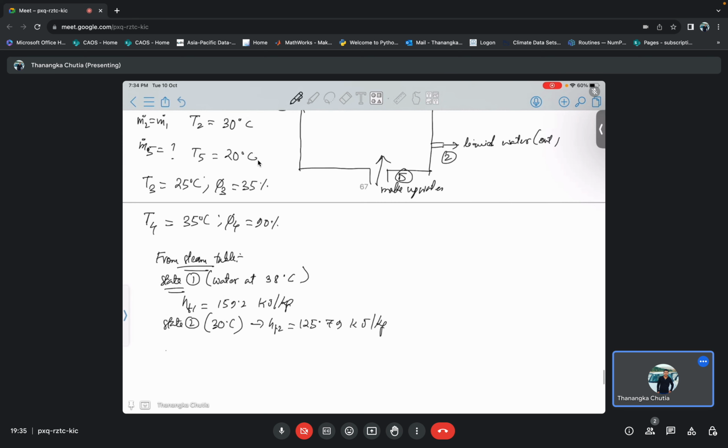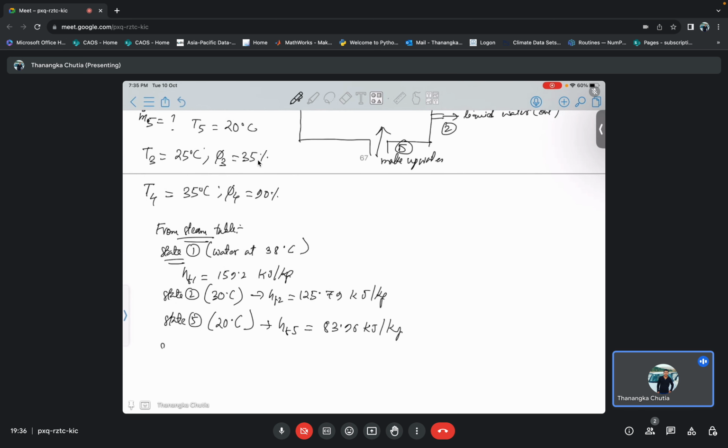Then state 5, at 20 degrees Celsius, hf5 is equal to 83.96 kilojoule per kg.